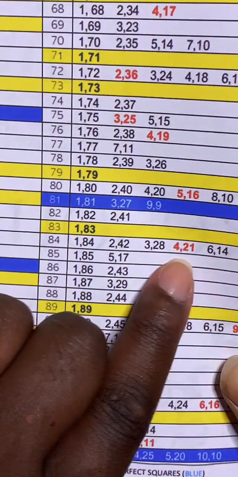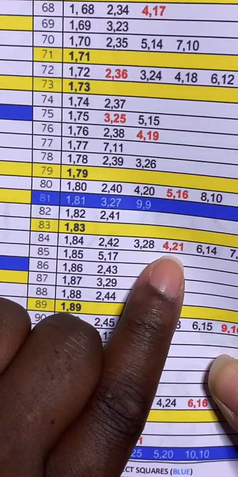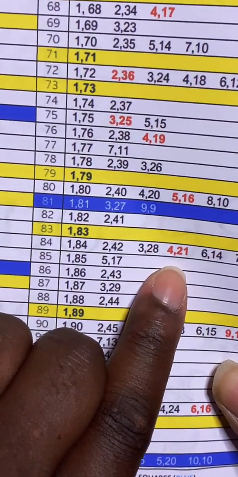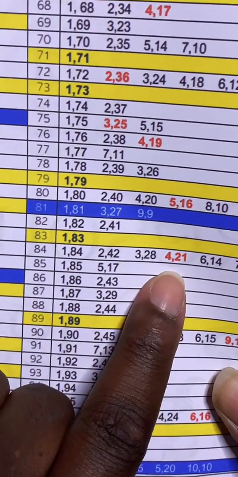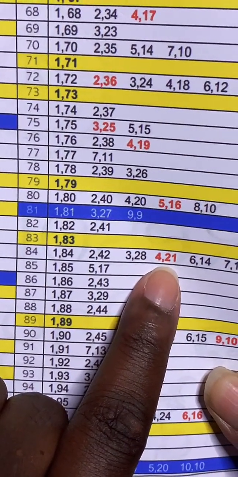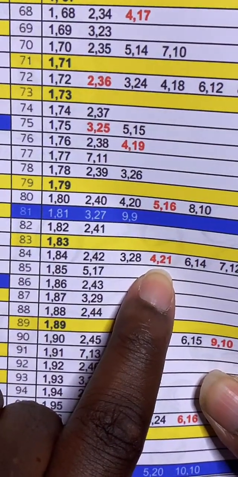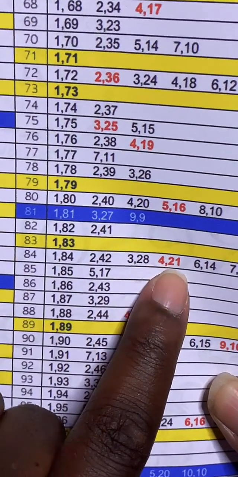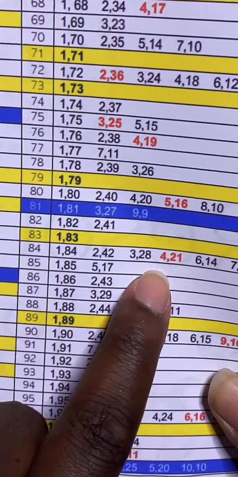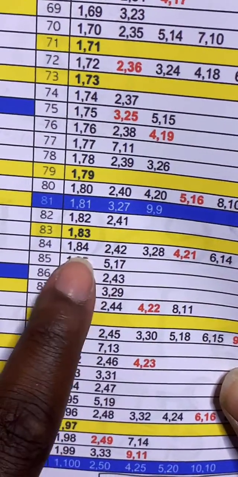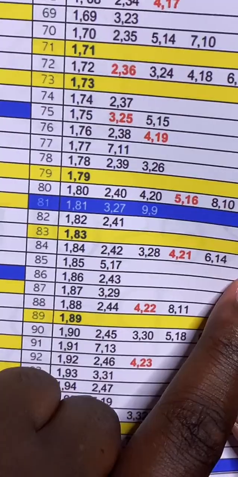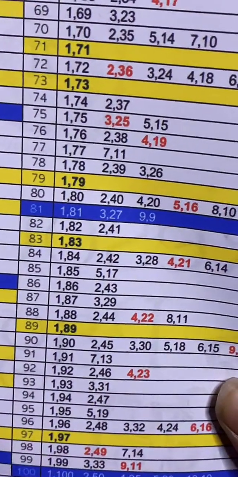Say you're trying to do factoring, or maybe even simplify radicals. If I was trying to simplify the square root of 84, 4 and 21 would be our pair, because 4 is a perfect square and 21 is prime. So you can break it down that way. You can use these numbers to help you find the factors of 84.